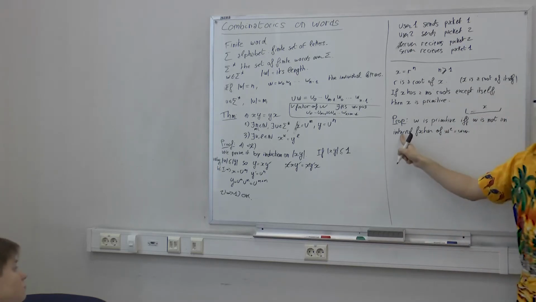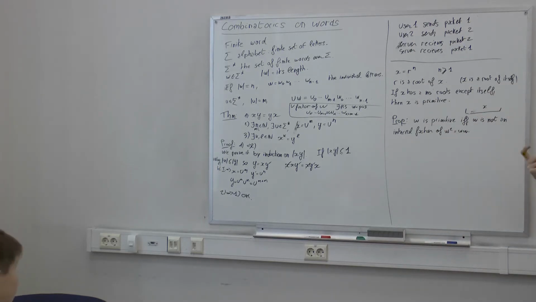So what I mean by an internal factor is it doesn't occur except as a prefix and as a suffix. Of course, w is a factor of w square because it's a prefix and a suffix.